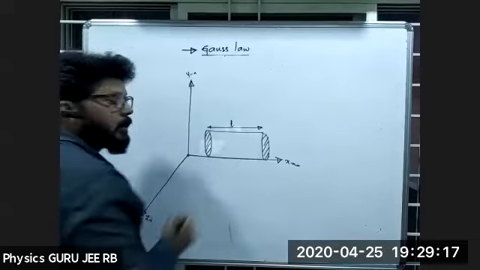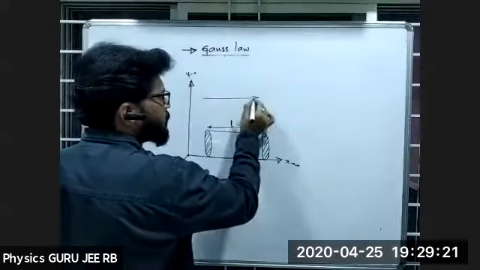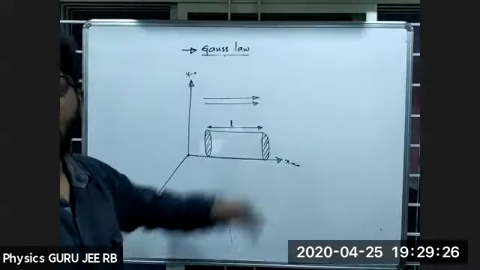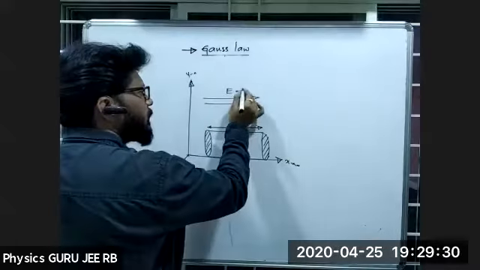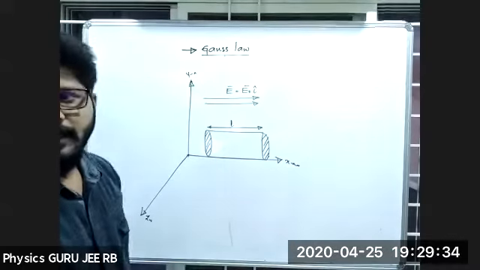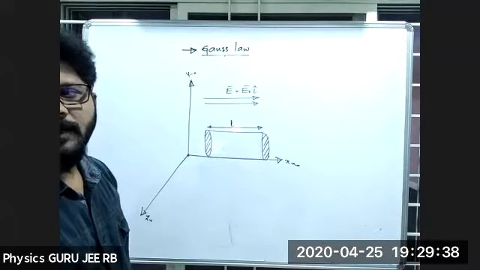The electric field intensity is along its axis direction: E equals E naught I cap. Then what is the total flux linked with it?